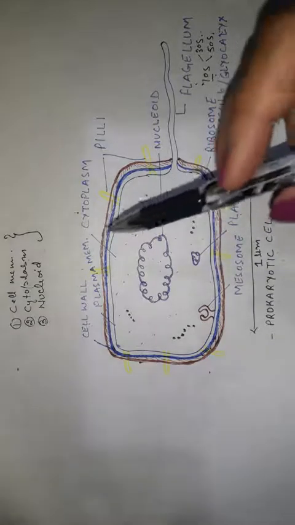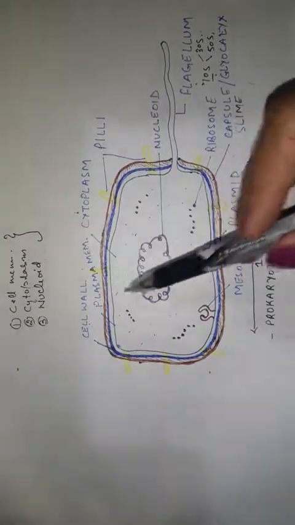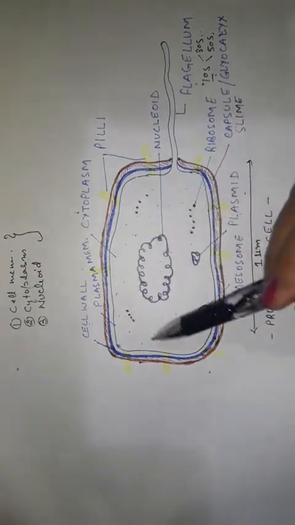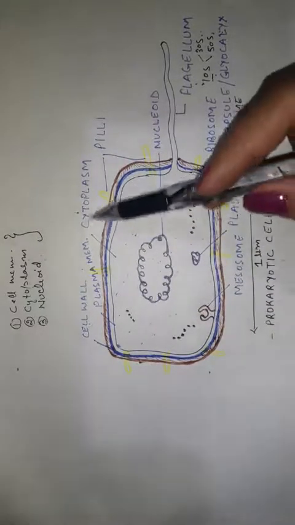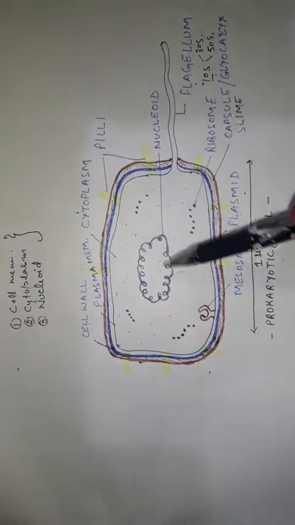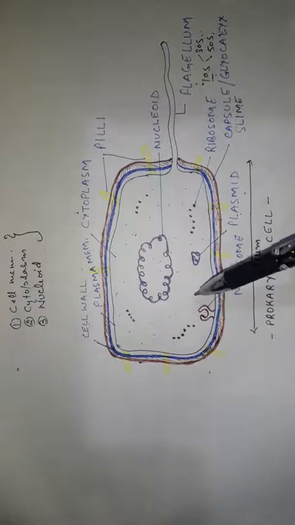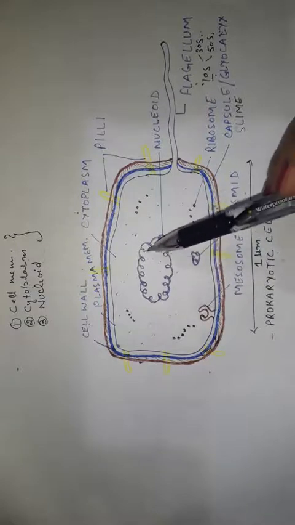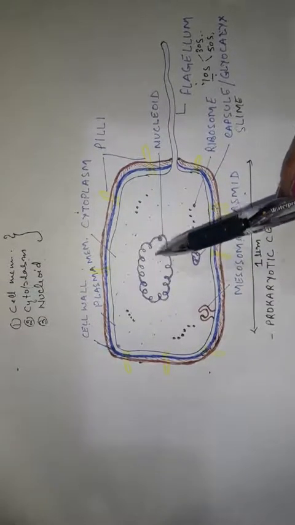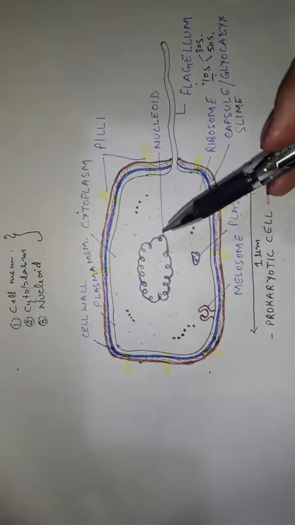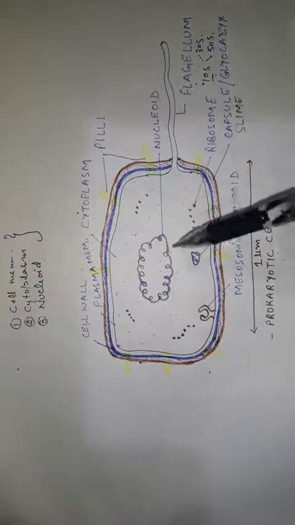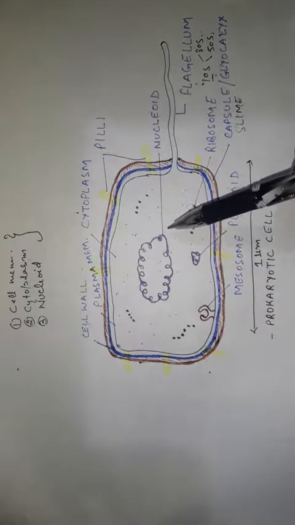Okay, next to the plasma membrane, there is a jelly-like substance which is called cytoplasm. In cytoplasm, all the cellular organelles as well as cell inclusions are embedded. In the center of the cytoplasm, or approximately almost in the center of the cytoplasm, there is an ill-defined nucleus or incipient nucleus present.